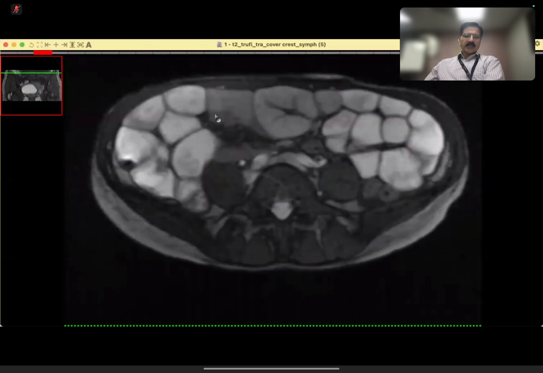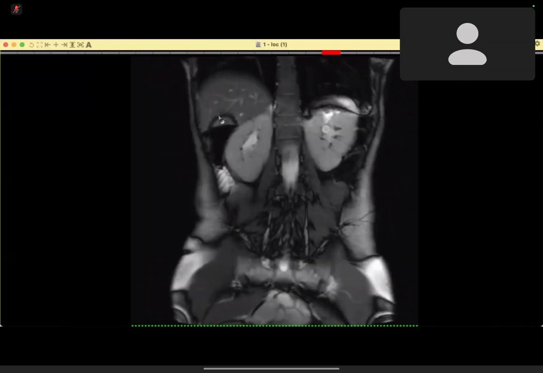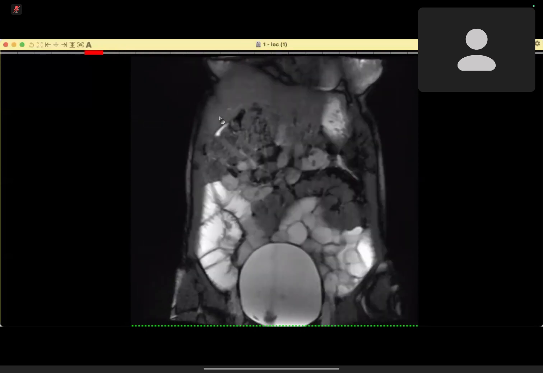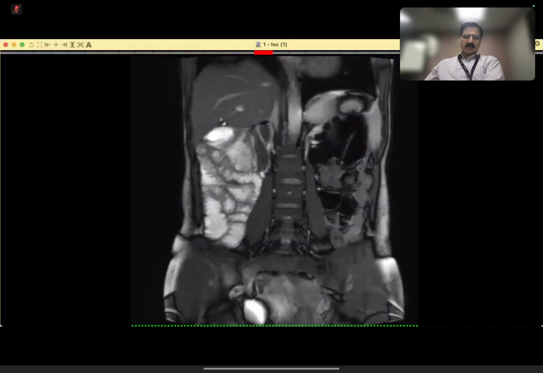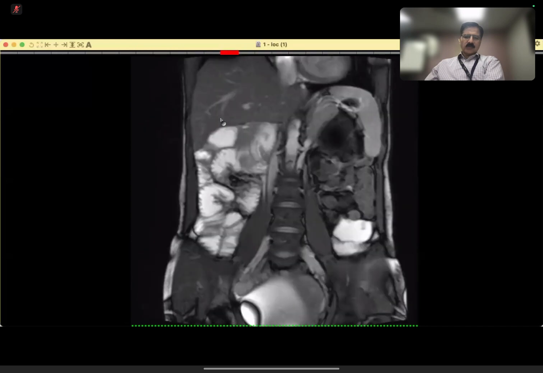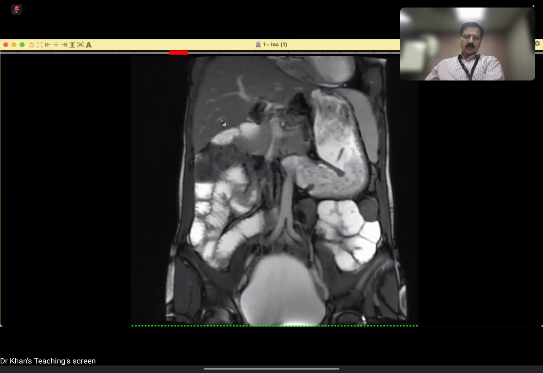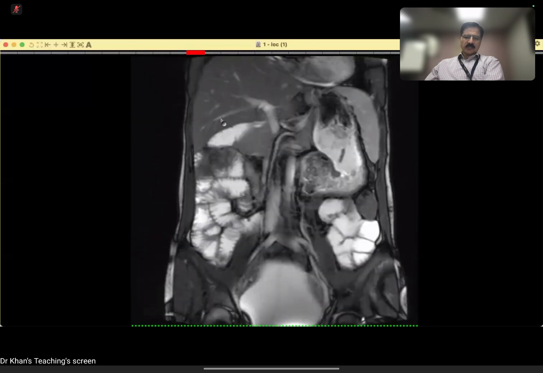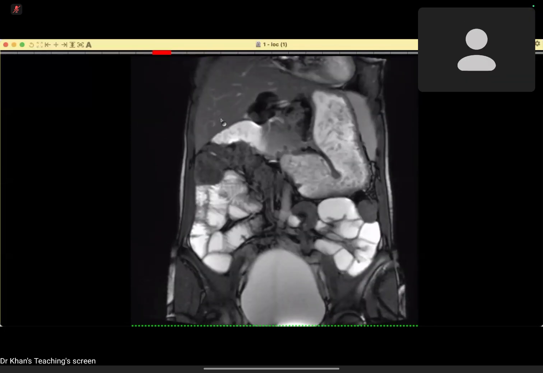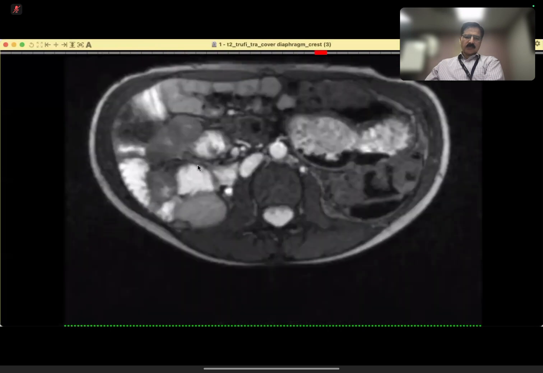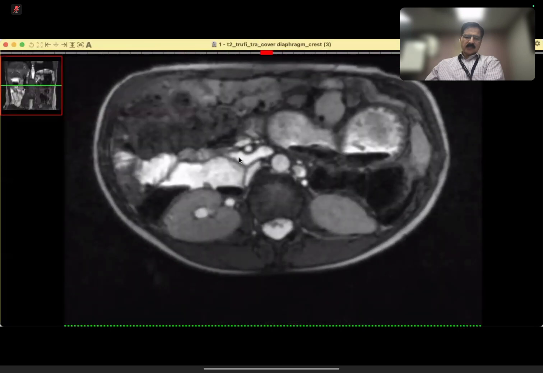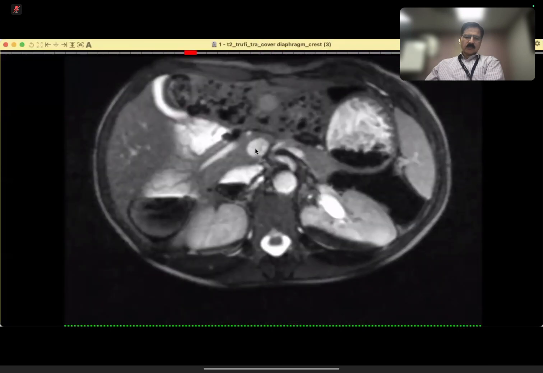So you have diagnosed a case of malrotation. Now, the key thing in malrotation is the duodenojejunal junction, right? Yes. So in this case, if you see here, this is your superior mesenteric vein.